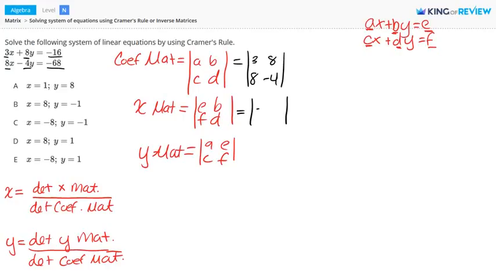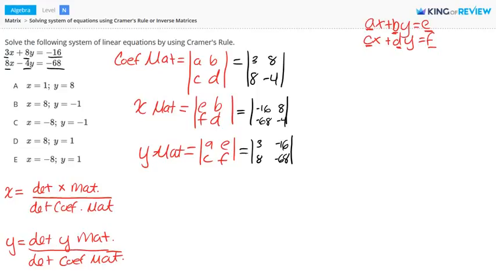So we have negative 16, negative 68, and then B and D, which are 8 and negative 4. And then the y matrix, we have A and C, 3 and 8, and E and F, negative 16, negative 68. So we've set up our matrices.